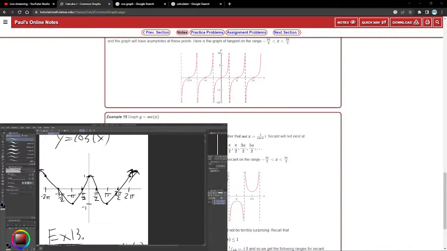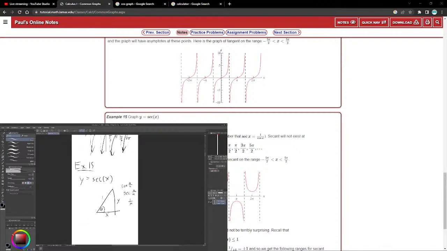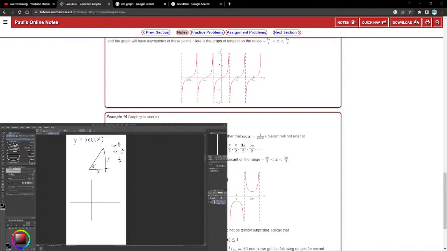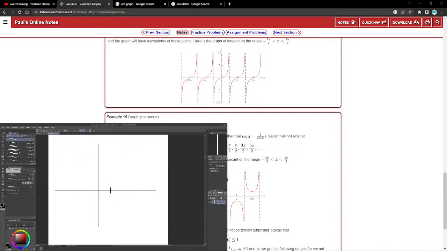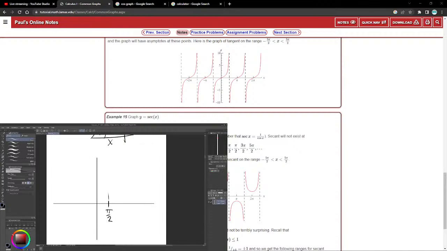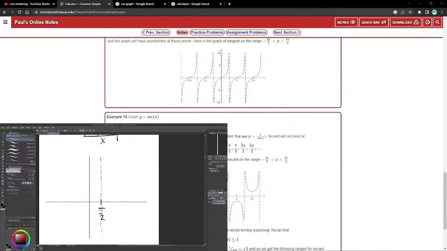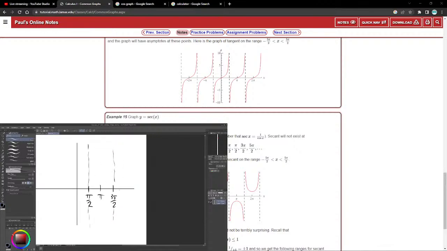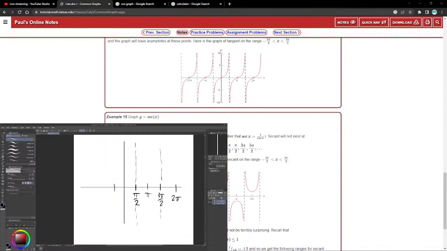So where does cos equal 0? Pi over 2. Pi over 2 is one of the asymptotes. And so is 3 pi over 2. So we got pi over 2. I'm not going to work these out.